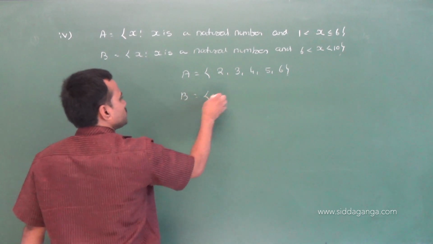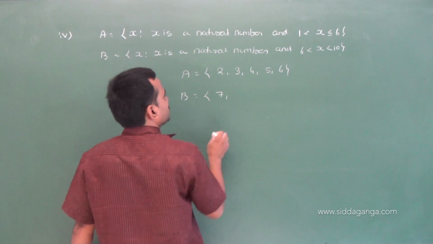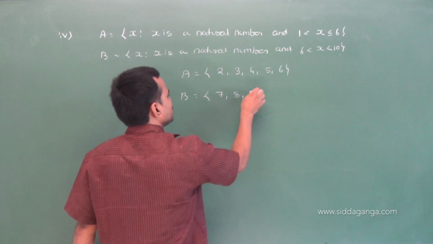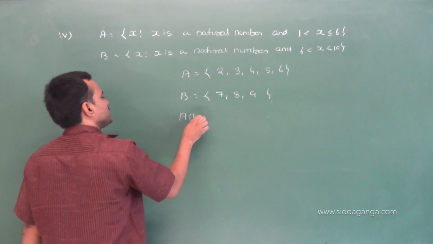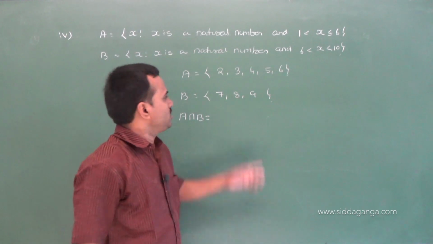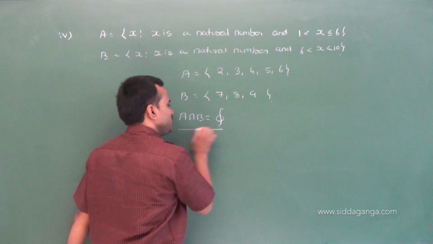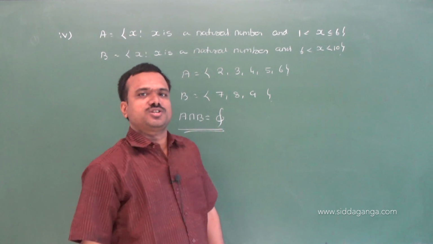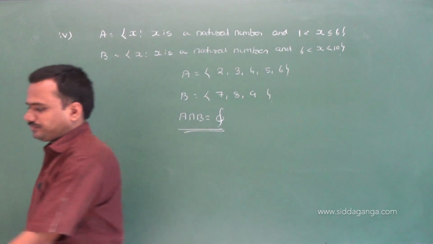For B, 6 and 10 are excluded, so 7, 8, 9. Correct? What about A intersection B? No common elements are present. That's why A intersection B is an empty set.